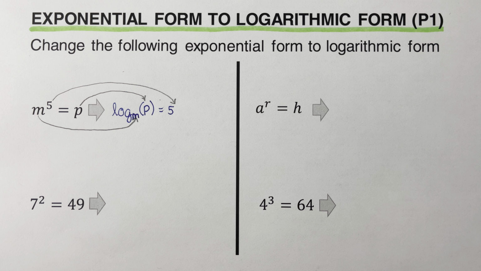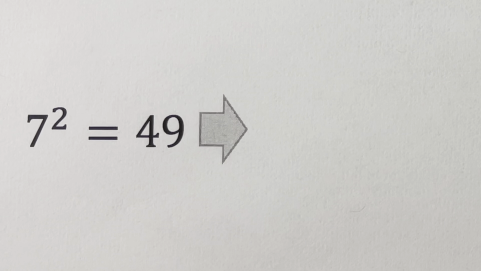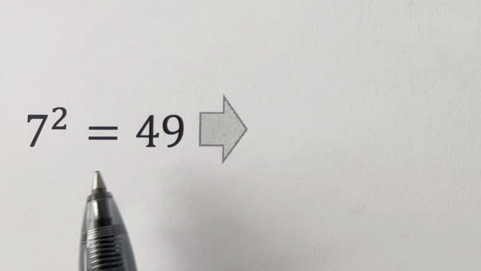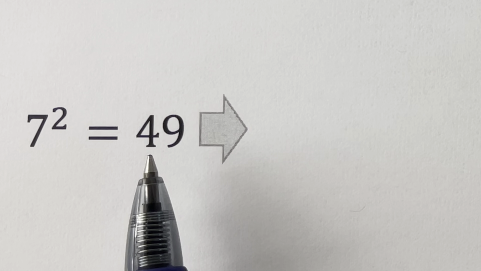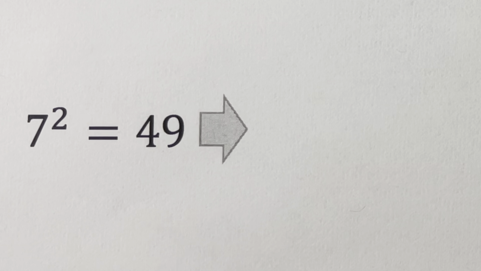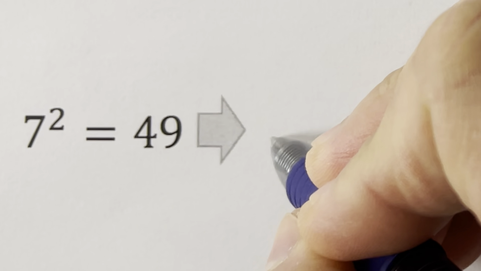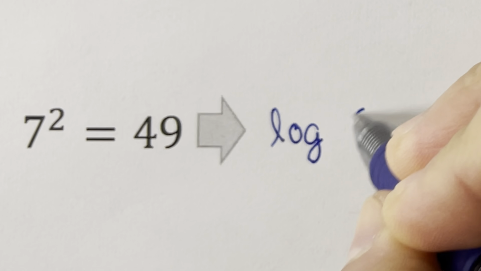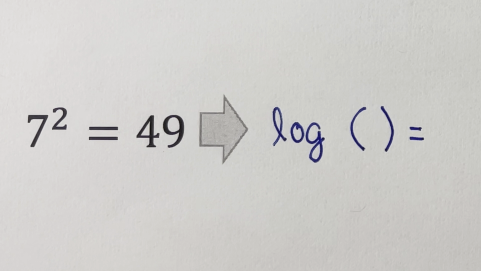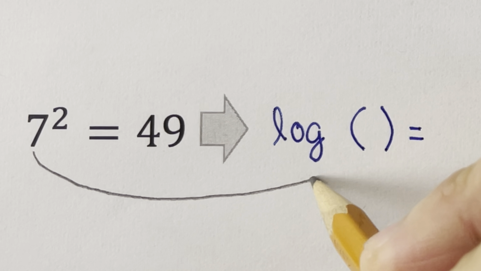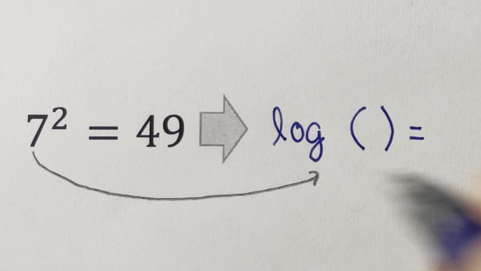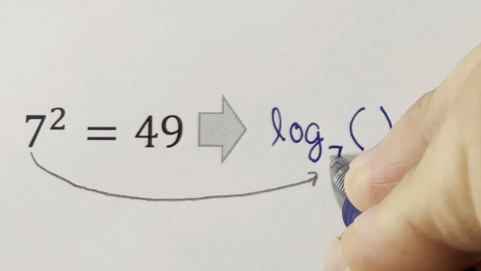Now let's move on to the next example right here. We are given 7 squared is equal to 49. Again, we're supposed to change this to its equivalent logarithmic form. So I'm going to write the logarithmic expression right here. We remember again that this base will become the base of the logarithmic expression. So we can put the 7 down here. Again, this is a subscript.